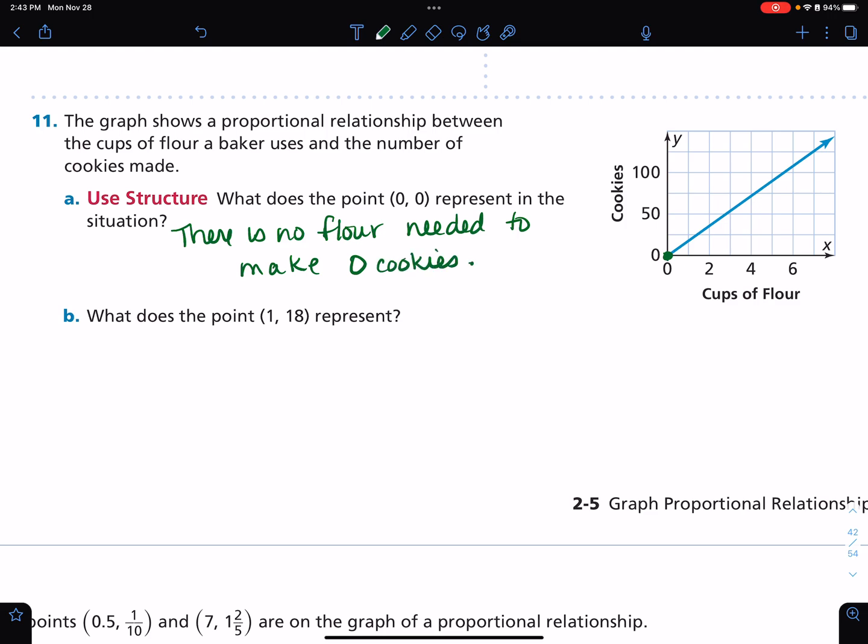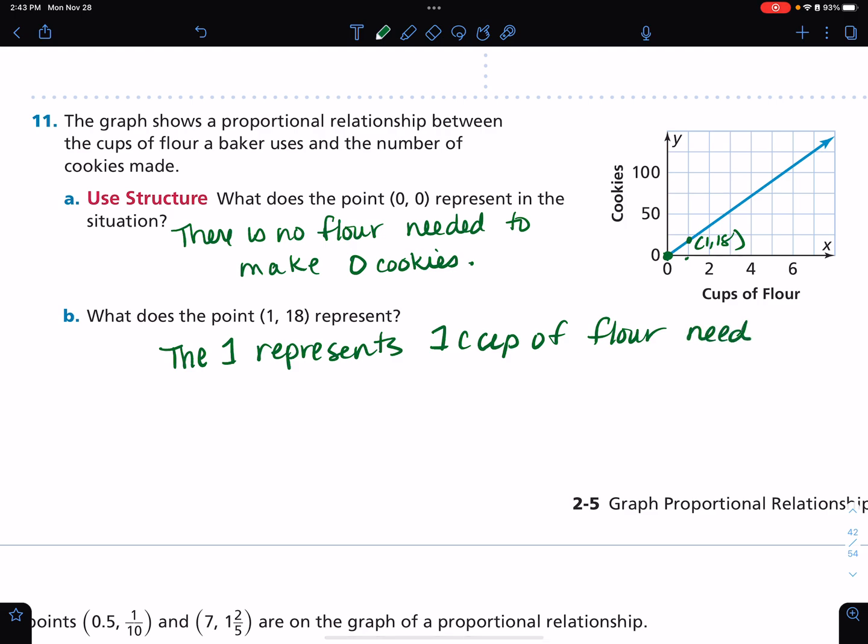What does the point (1, 18) represent? Well, there's the 1, and that's the 18. Oh, that's hard to see, in case you can't. The 1 represents 1 cup of flour needed to make the 18 cookies.